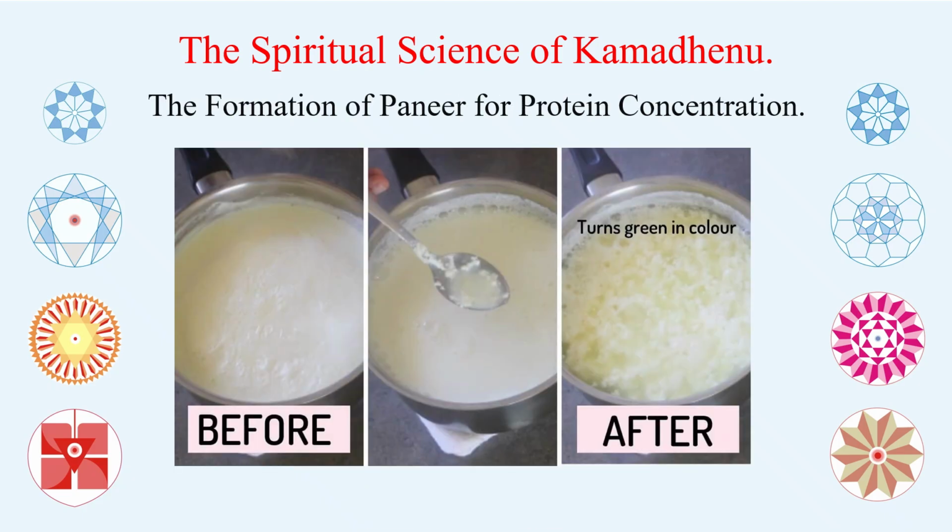Now another aspect which I am talking about is paneer, cottage cheese. The cottage cheese made from Kamadhenu milk is 1,000 times better than that from buffalo or non-Indian cows, and the amount of paneer which can be formed from an Indian cow is double what you find from the milk of buffalo or non-Indian cows.